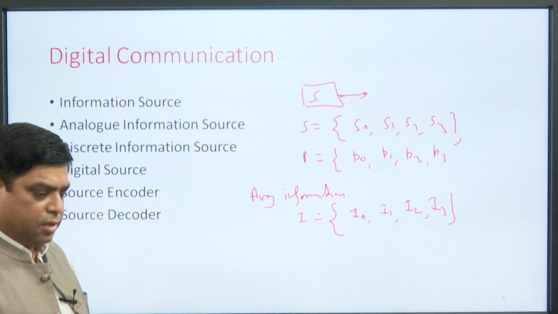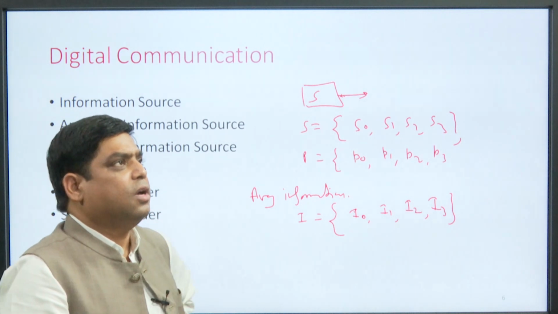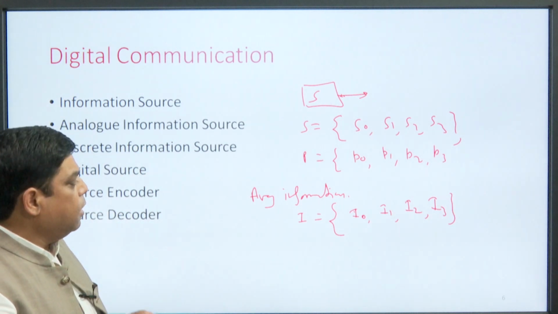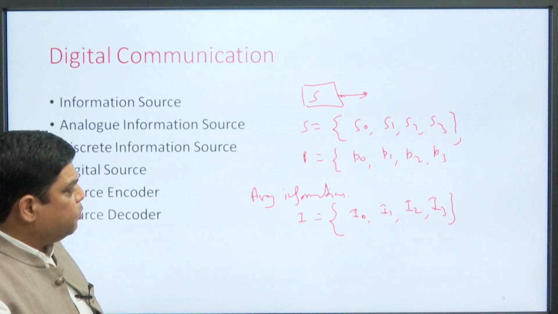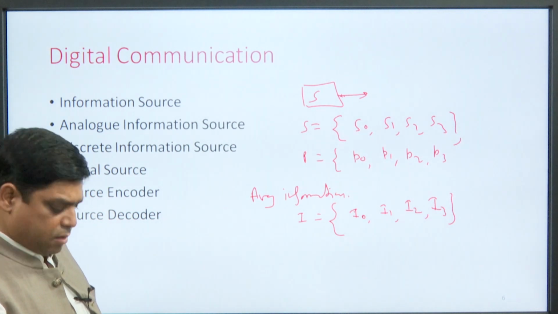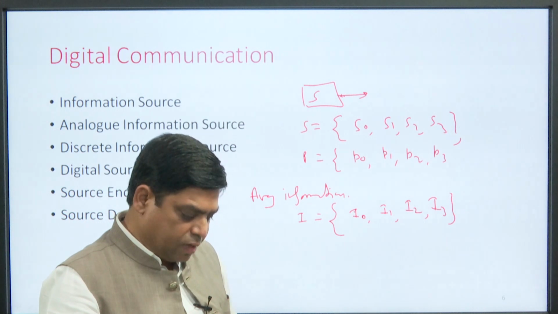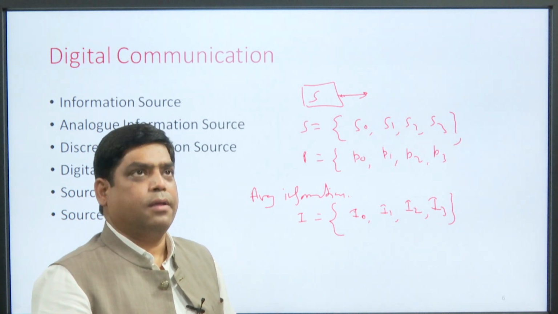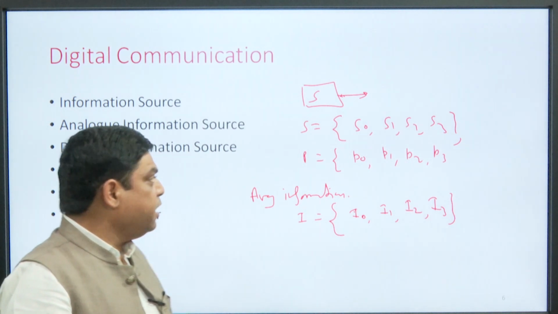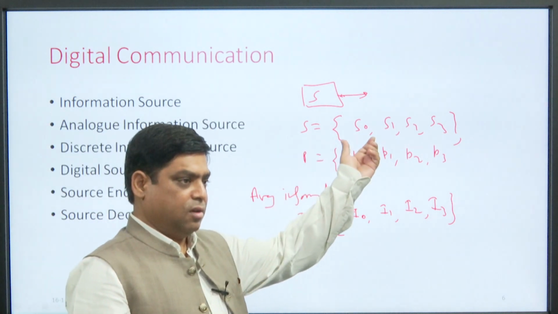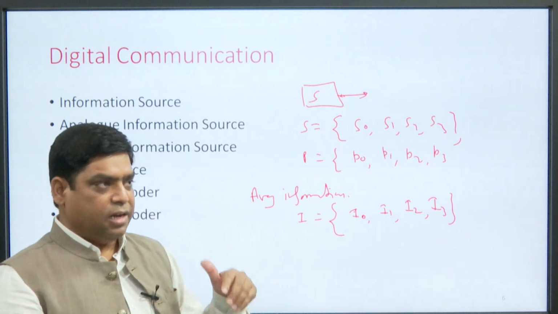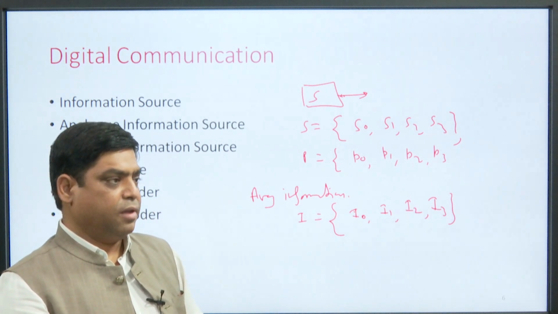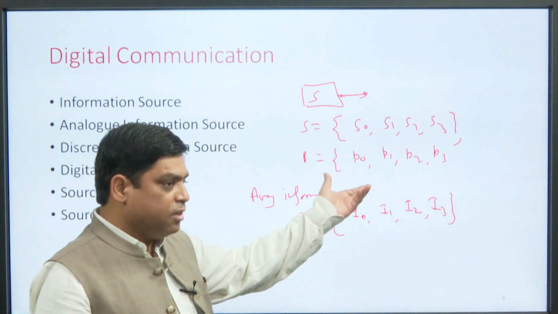For a source with this type of output, the information is calculated as the uncertainty measure, the uncertainty contained in each symbol, and it is connected with the surprise of that symbol. That depends on its probability.